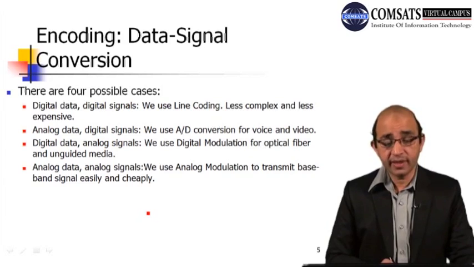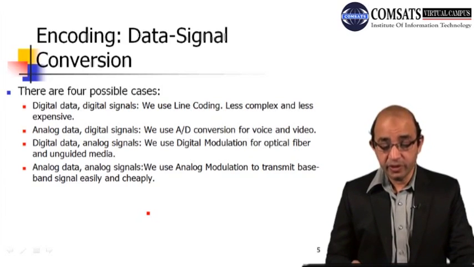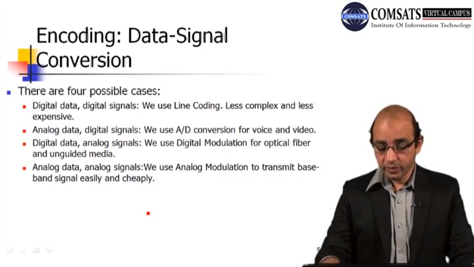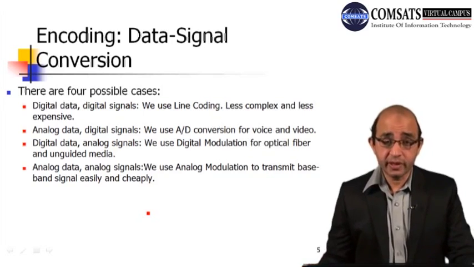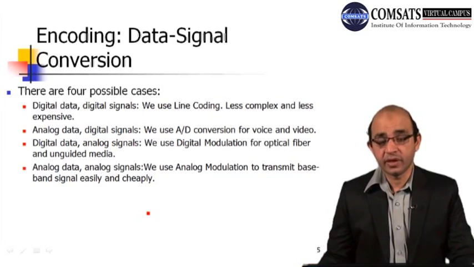Whenever we have analog data and we have to use digital signaling, we use an A to D converter, for example for voice data. This is again analog data, and video data as well.